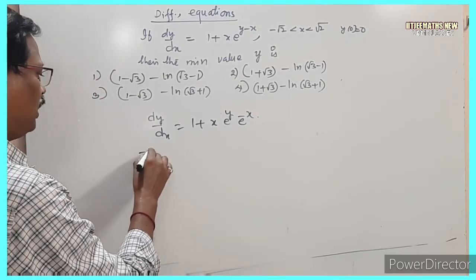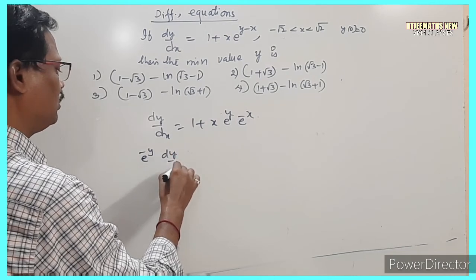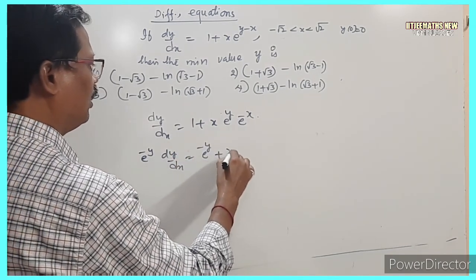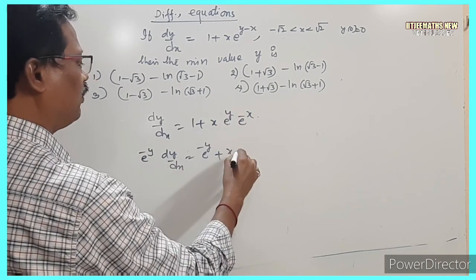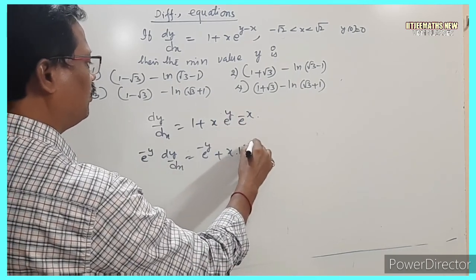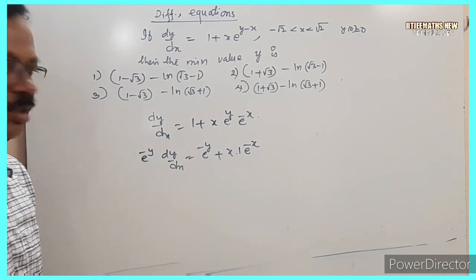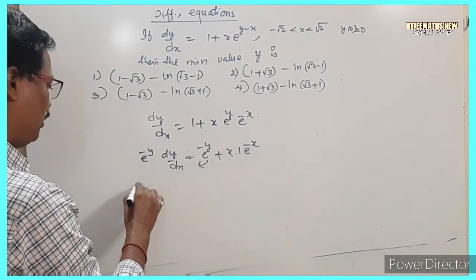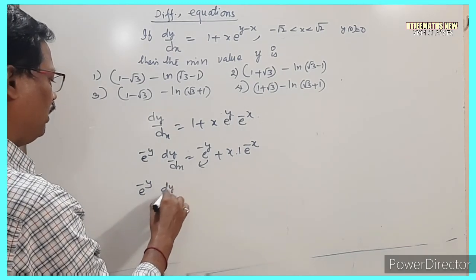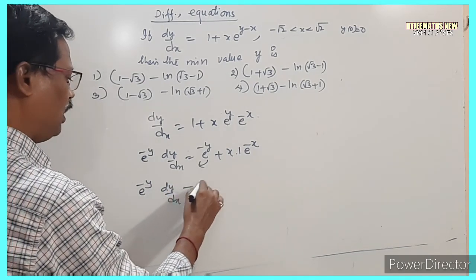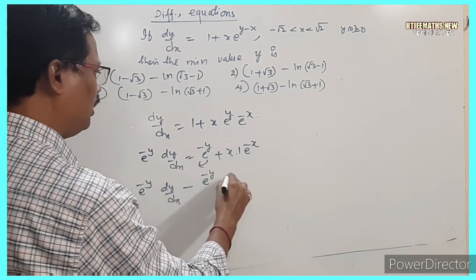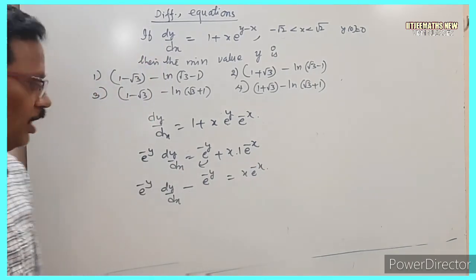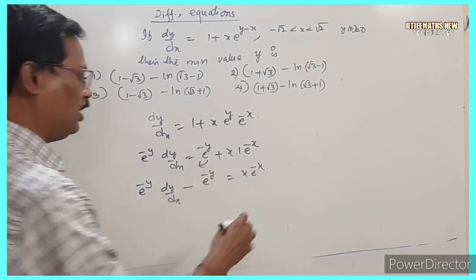Then e power minus y into dy by dx, e power minus y into 1, e power minus y into e power y, that is 1 into e power minus x. Now bring this side: e power minus y dy by dx minus e power minus y is equal to x into e power minus x.